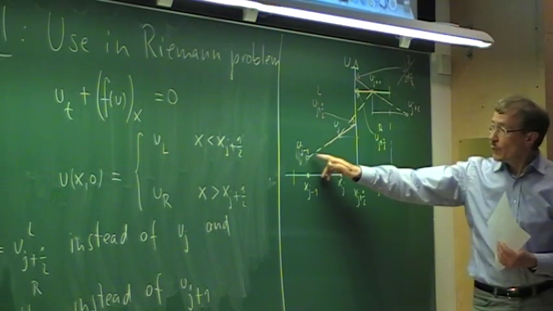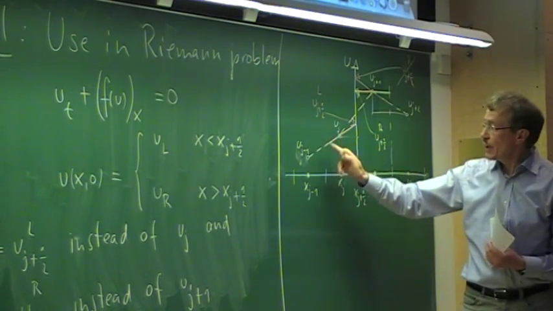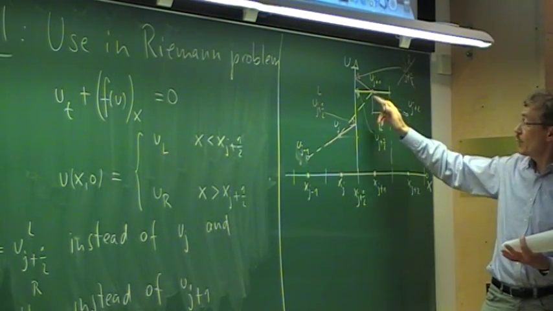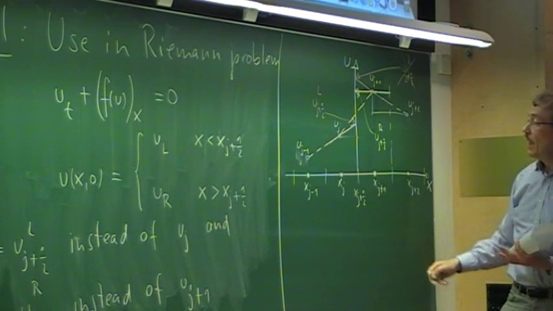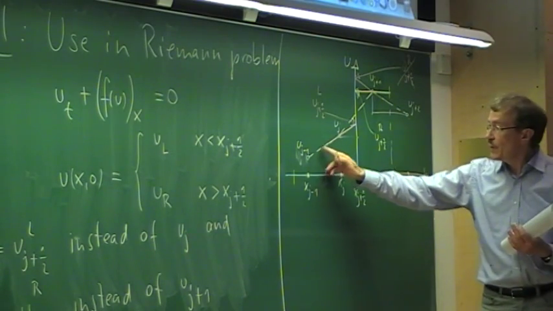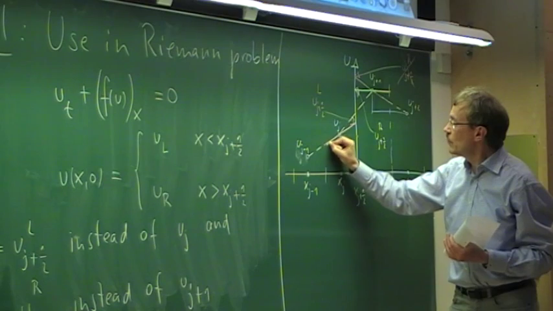On the left, we have a different situation. We use the slope from uj to uj minus 2, but we could also use the uj plus 1 to uj. In that case, we take the slope that is smallest in absolute value. In this case, it happens to be this slope here, so we get the same one with the reconstruction.